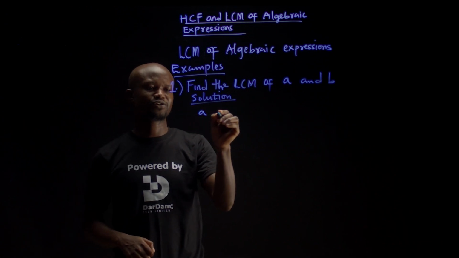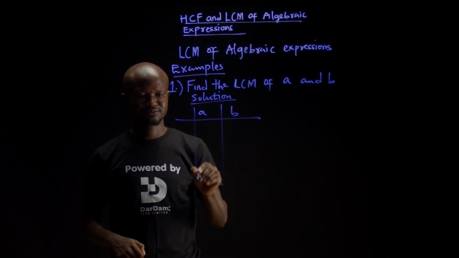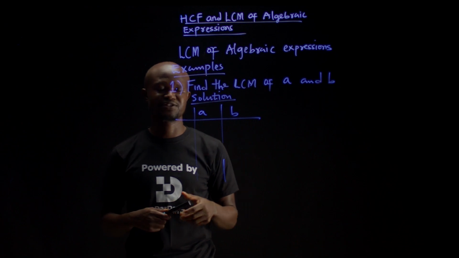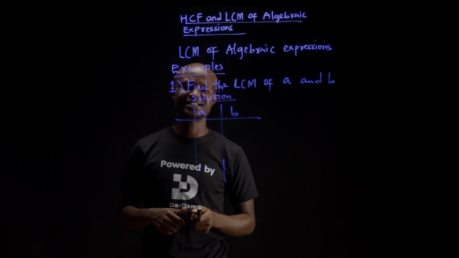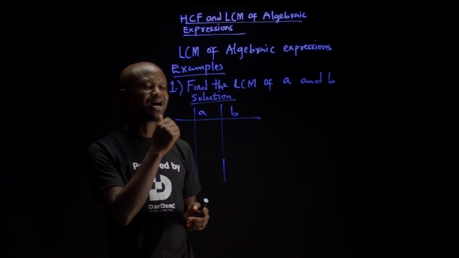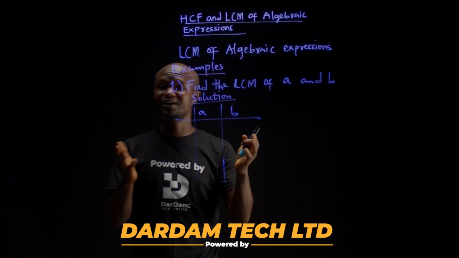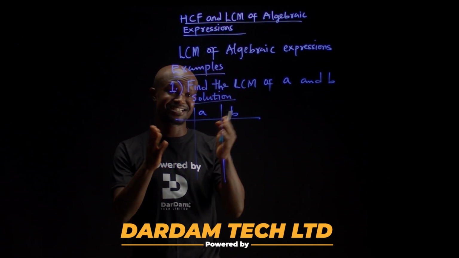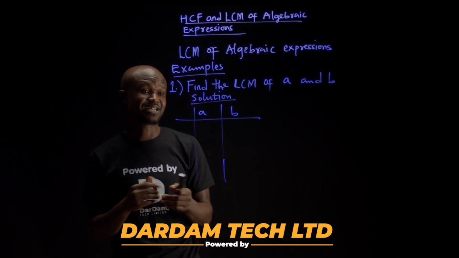We are still going to use a table, but in a different approach compared to that of HCF. It's not the same. For this, the only numeric factor common to A and B is 1, and we are not interested in that.